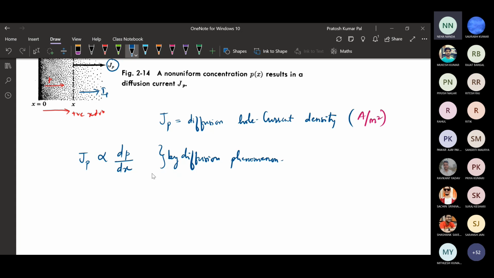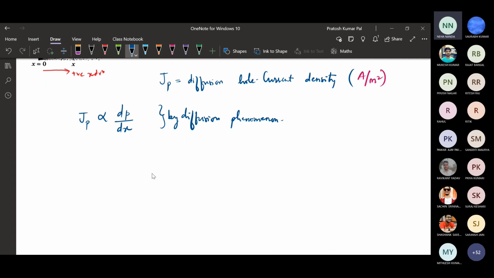If we replace with the proportionality constant, jp, the diffusion current density in case of the current resulting from hole movement, will be given by q into Dp, with a negative sign, times dp by dx. This is the current density for holes having a diffusion current.